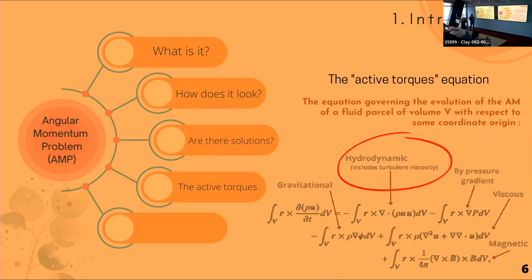In principle you would get r cross p, but for fluids you get the equation that governs the evolution of the angular momentum, where the terms on the right-hand side represent the active torques on the fluid parcel, and you can see the gravitational, pressure gradient, viscous, and magnetic torques. And also the first term, that we call hydrodynamic torques, which includes turbulent viscosity, and these tend to go unnoticed.